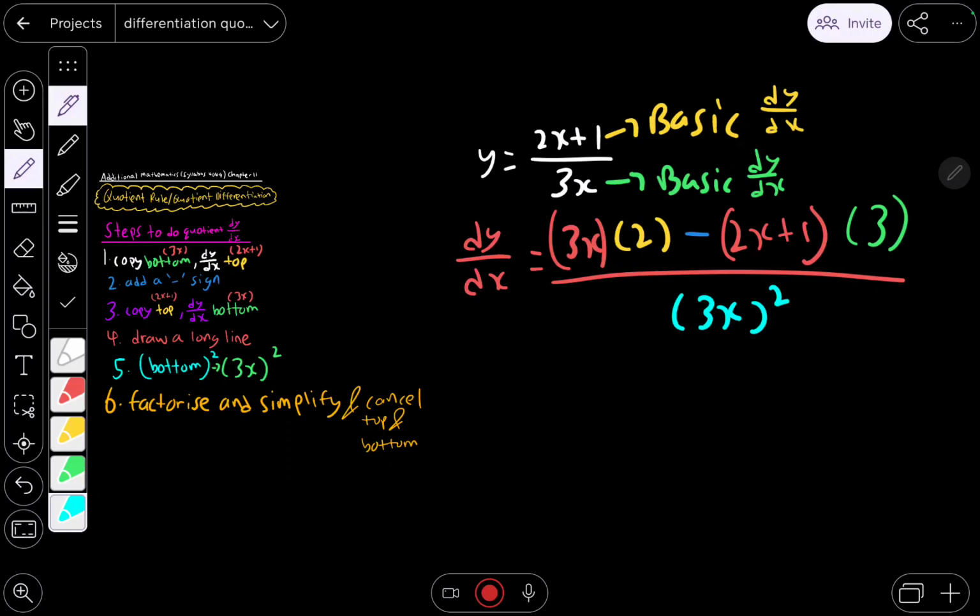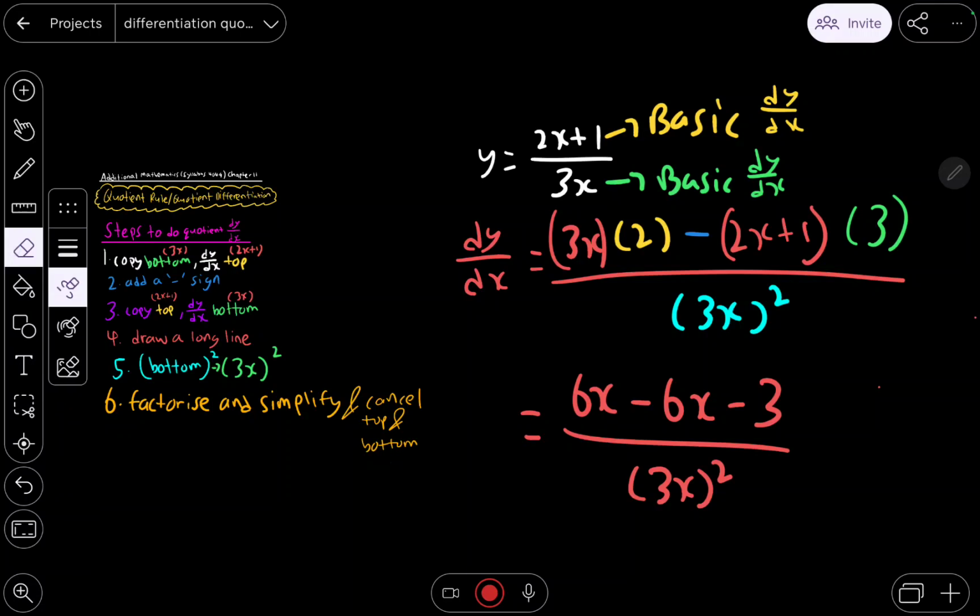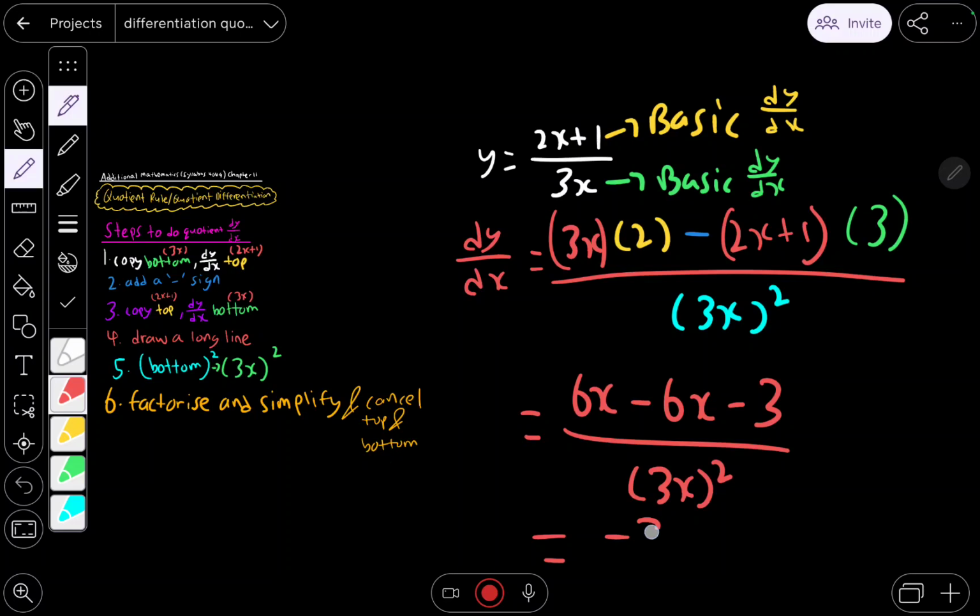Now we will start to simplify the numerator and denominator respectively. This gives us 6x, because 3x times 2 is 6x, and then 3 times 1 times minus 1 is just minus 3, over 3x squared, and this will give us minus 3 over 9x squared.